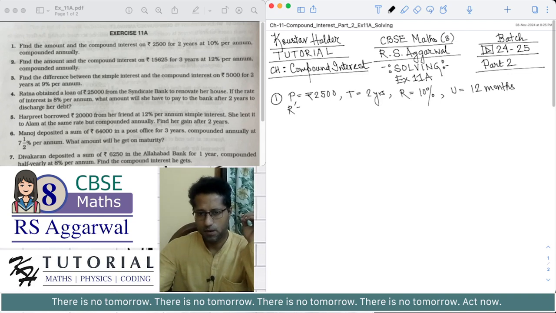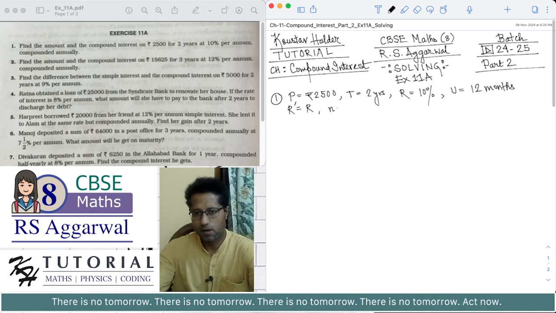R dash will be equal to R, since the unit of time is 1 year. And how do we know the unit of time is 1 year? Because it is said that compounded annually. And what else do we need? How many times we have to calculate the interest?